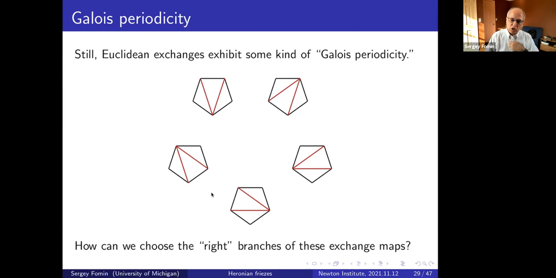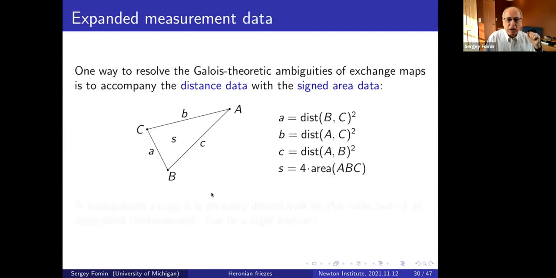Yeah. So that's the question, and there are two ways to answer it, which I will present if I have enough time. If I don't have enough time, I will only present one, and then you will ask me what's the other at the end. So the idea is that we expand the measurement data. In addition to the squared lengths of the sides, we will also record the signed area.